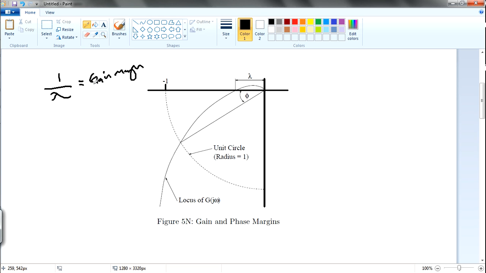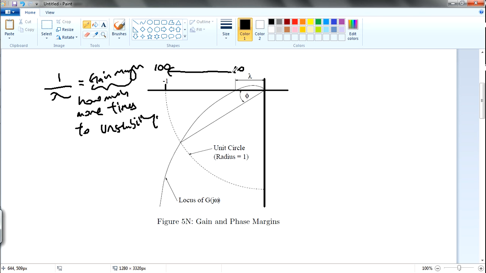Okay, how many more times you can move to instability. Let's say 1 over lambda is 10. So you are 10 times more to instability. So you are safe.